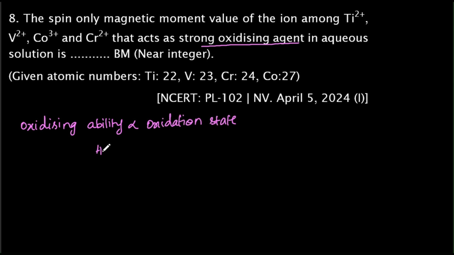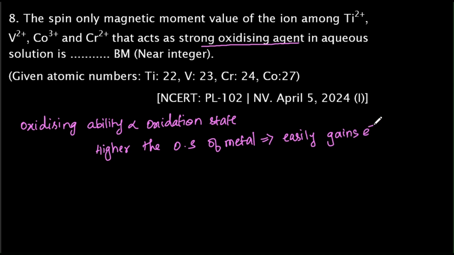That is, higher the oxidation state of metal, the more easily it gains electron. So it easily gains electron and it is itself reduced. So the ion is itself reduced and it is going to oxidize the other substance present in that reaction.